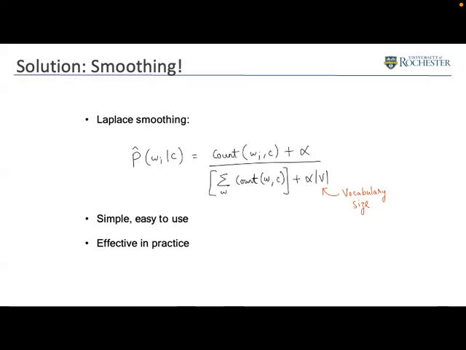This is the vocabulary size, the number of words, the W. So what if alpha is very large? What will happen?